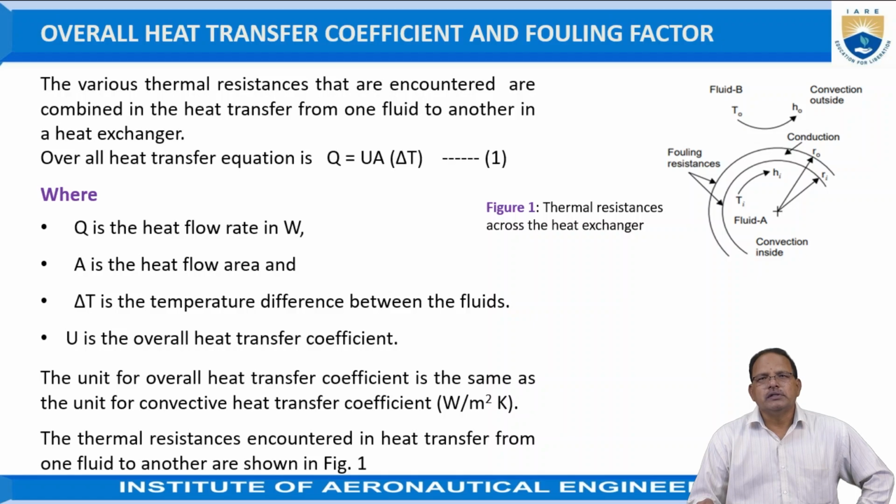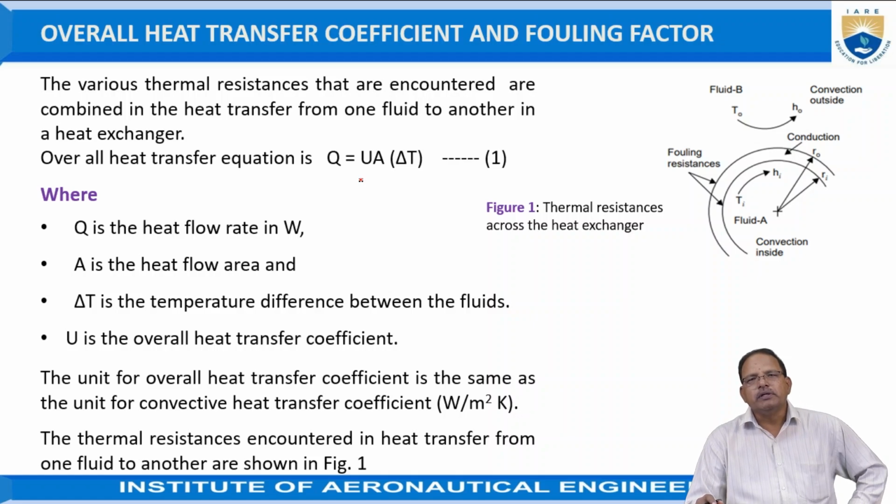So the overall heat transfer coefficient is given by the equation Q is equal to U into A into delta T, where U is the overall heat transfer coefficient, Q is the amount of heat energy transferred from the liquid at higher temperature to the liquid at lower temperature, and delta T is the temperature difference between the two liquids.